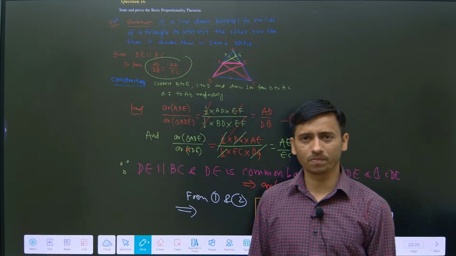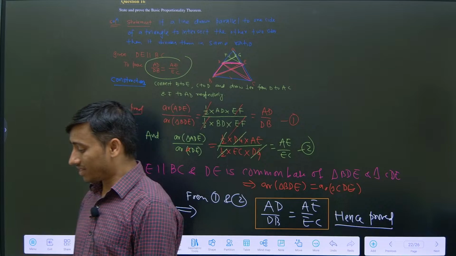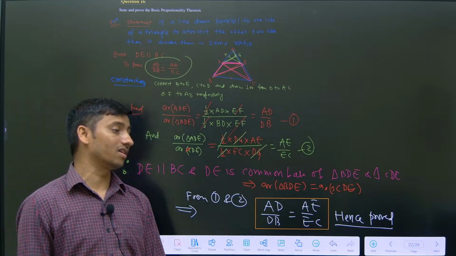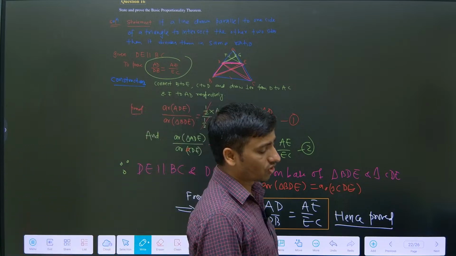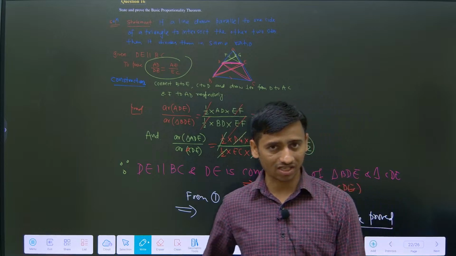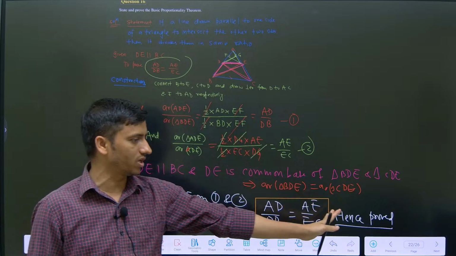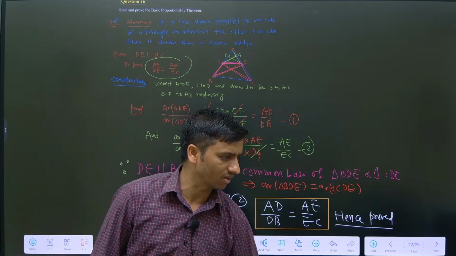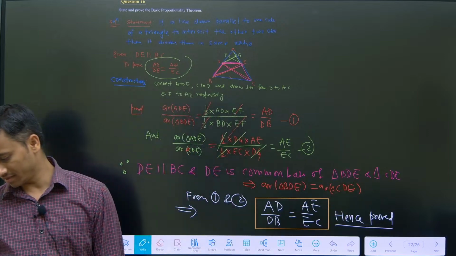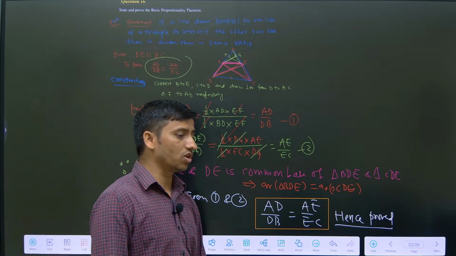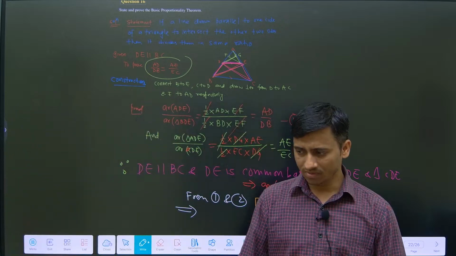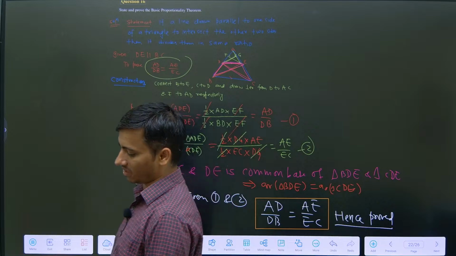Are you getting it? So please take care of that, because they expect that whatever you have learnt in the NCERT book, you should use that only. So that's why I would advise you to use this ratio of the triangles concept only, not direct similarity, okay? But if it is an MCQ question or some other type of problem, then you can apply that directly.